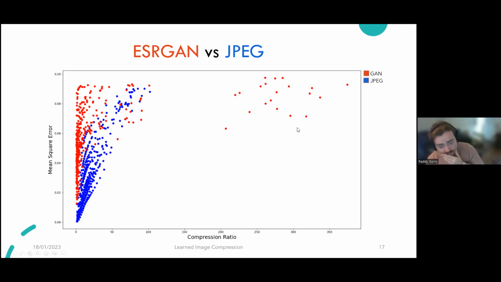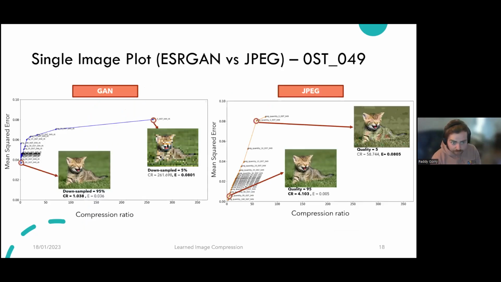And over here in this region of very extreme compression ratios, where JPEG doesn't even touch, is interesting, just because it shows that JPEG is maybe better for standard generalized compression. But if you're looking for really extreme compression ratios, over 100, 150, we can see that the GAN is capable of that, whereas JPEG isn't really.